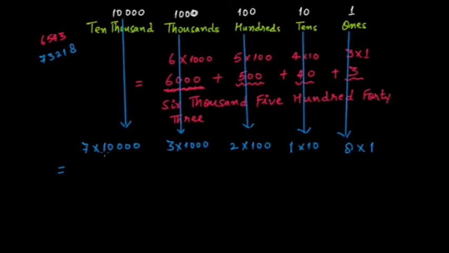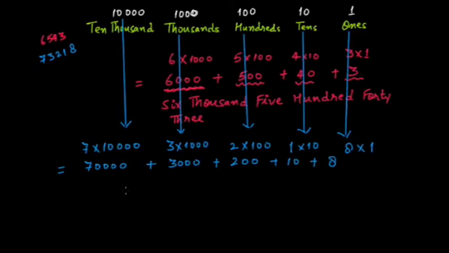7 multiplied by 10,000 is equal to 70,000, plus 3 multiplied by 1,000 is 3,000, plus 2 multiplied by 100 is 200, plus 1 multiplied by 10 is 10, plus 8 multiplied by 1 is 8.